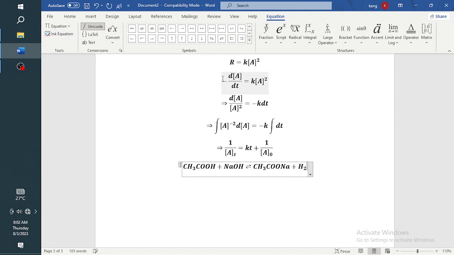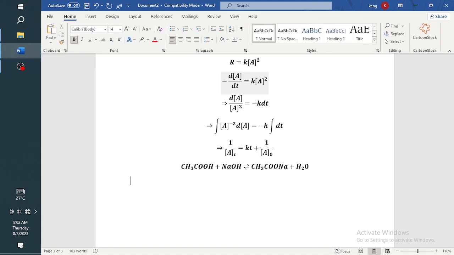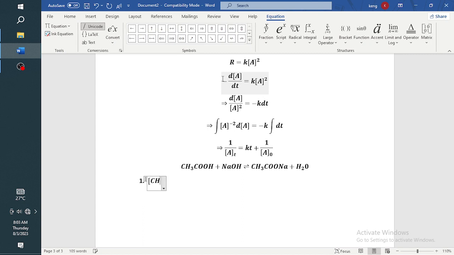All right, now we're being told the things to note. The first thing is that the initial concentration of the reactant, the ethanoic acid, was equal to 0.01 molar.